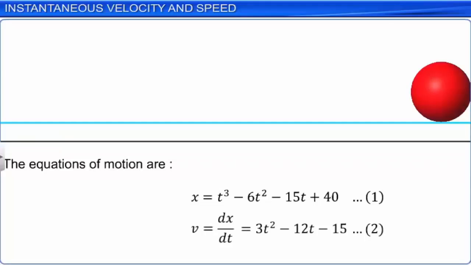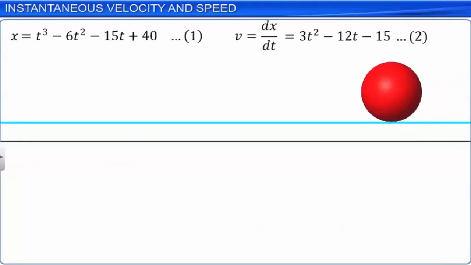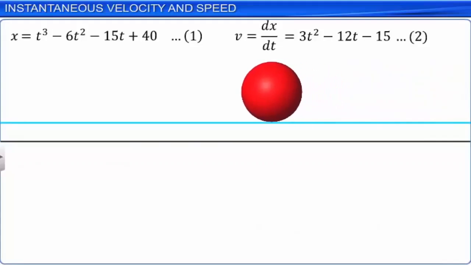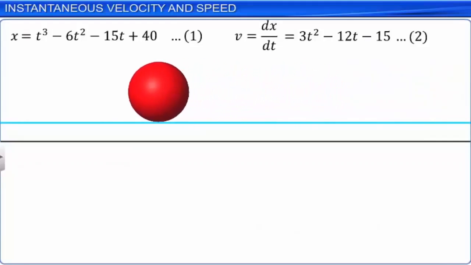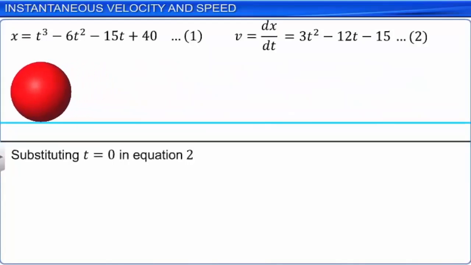Label these equations 1 and 2. At t = 0 seconds, we need to find the value of v. Substituting t = 0 in equation 2, v = −15 meters per second. The particle here is moving towards the left.